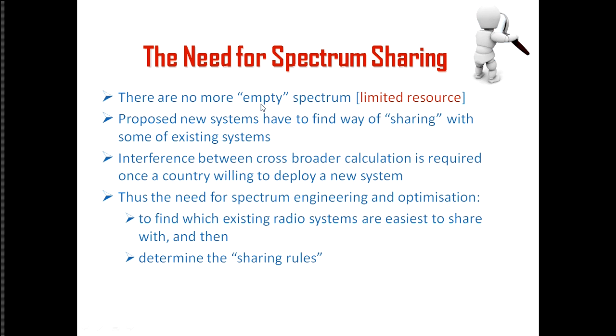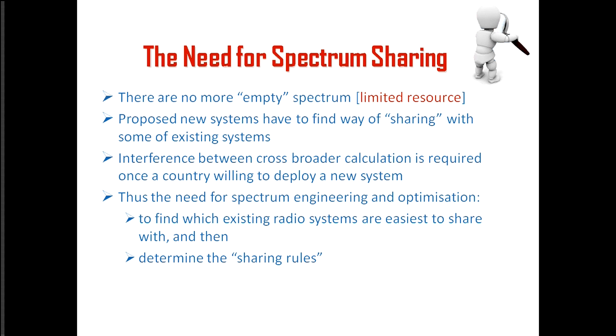Because we don't have any more spectrum, it being a limited resource, we need to know a way of sharing it. When we put in a new system, what methods does it need in order to coexist with other systems? Do we need a guard band, do we need a separation distance? Also, when a new country deploys a system, how will it affect the neighboring country?